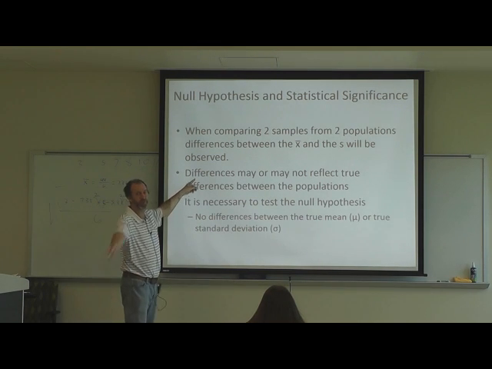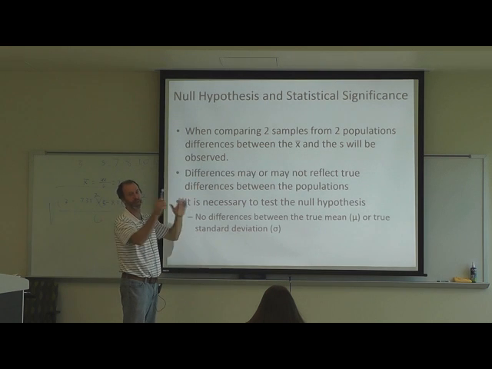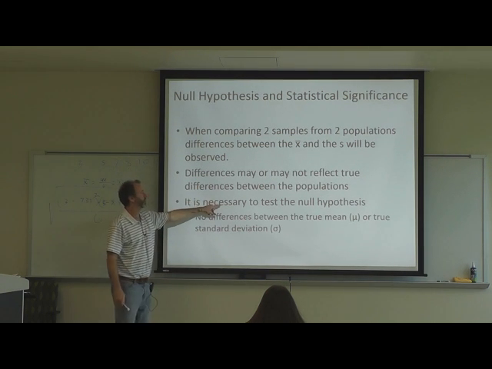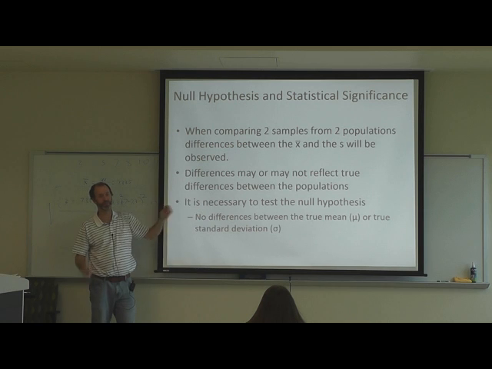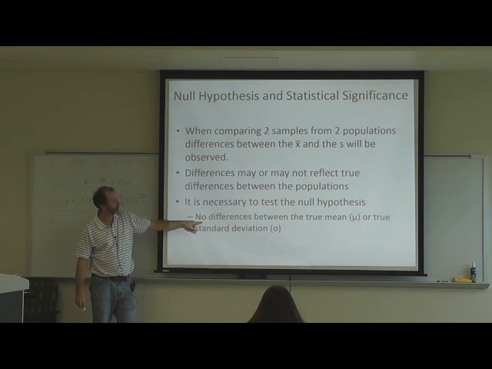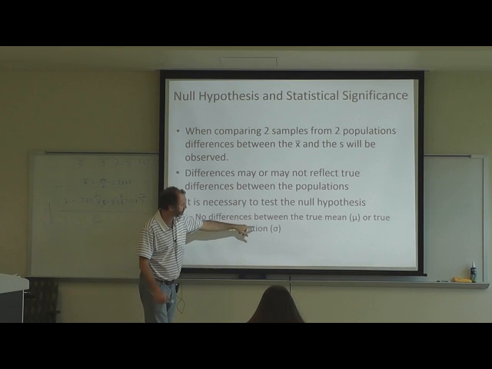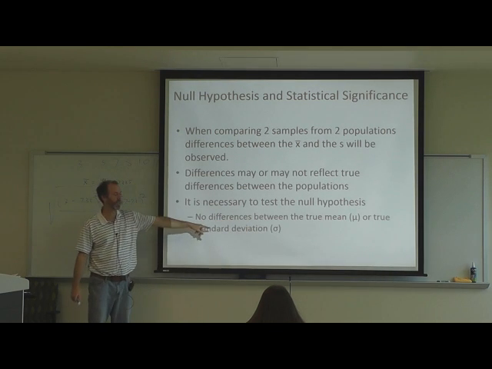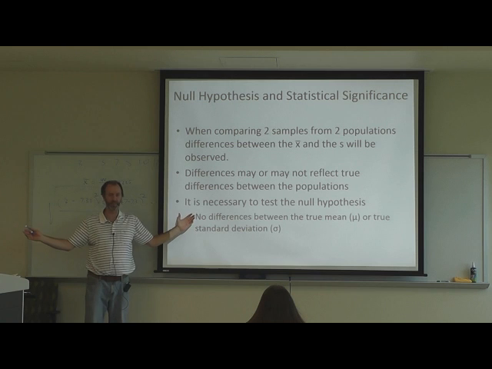So they still might reflect one true population, or they might reflect two different populations. So to test whether the two means are equal, you use a null hypothesis. And the null hypothesis is there's no difference between the true mean or the true standard deviation. So we're saying that they're the same.